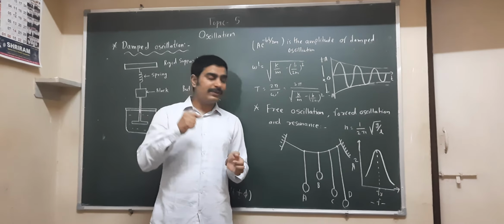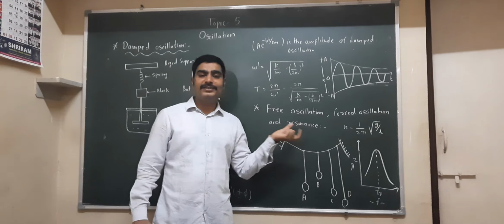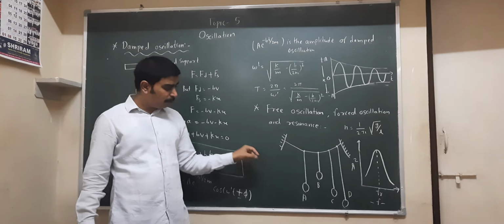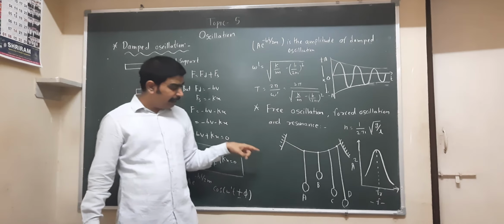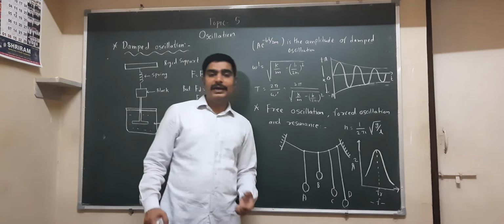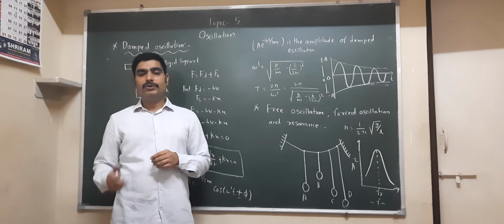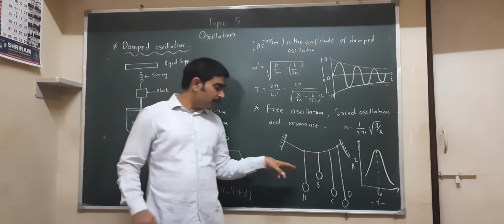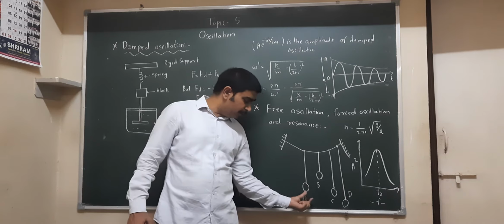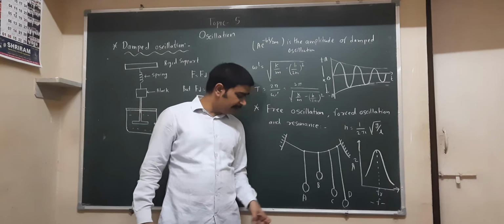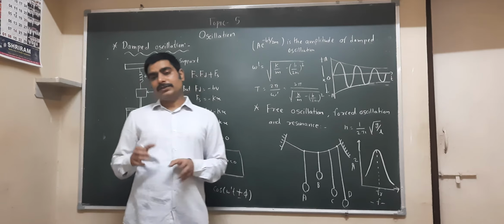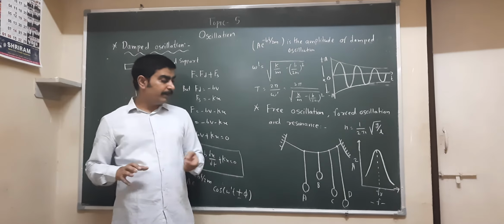Now let's see the third condition, that is resonance. Here it is observed that when the force is applied by pendulum A, the amplitudes of B, C and D are observed. The conclusion was that the amplitude of pendulum B is greater than that of A. The amplitudes of pendulum A and C are the greatest, and the amplitude of D will be less.